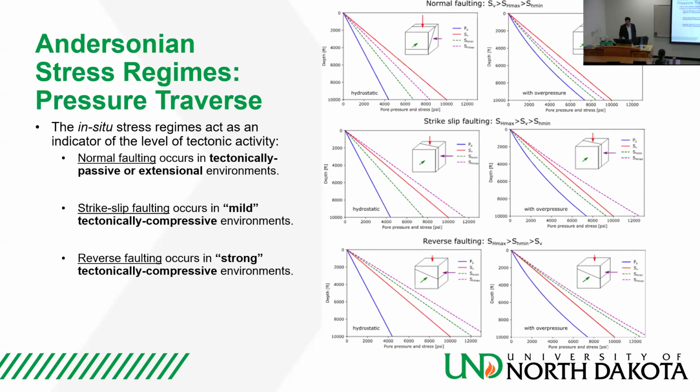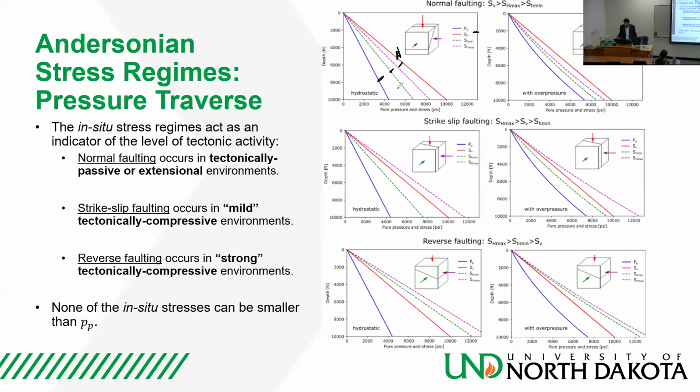For normal faulting, we have the red line on the top plots. I'm reading SV is the biggest, then SH max, then SH min, and then PP. I never have PP bigger than any of the three.